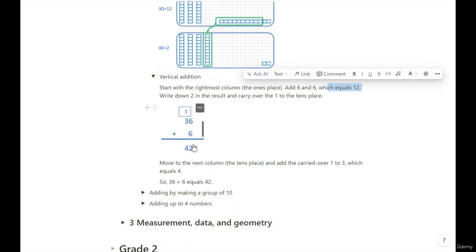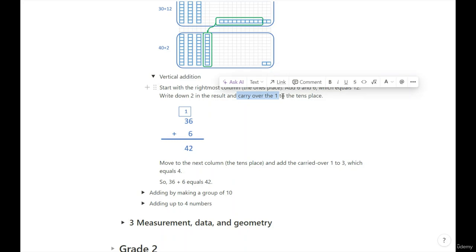Then we can write 2 in the result first and carry over the 10 to the tens place. So 6 plus 6 equals 10 and 2 ones here.